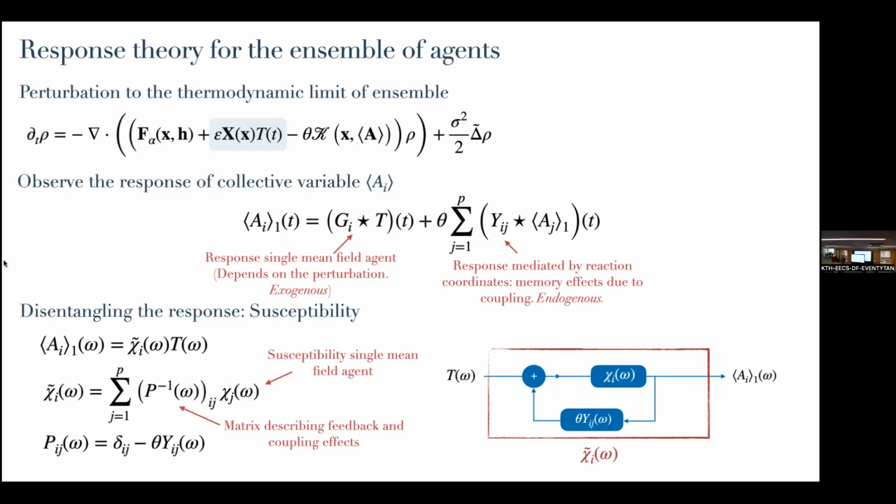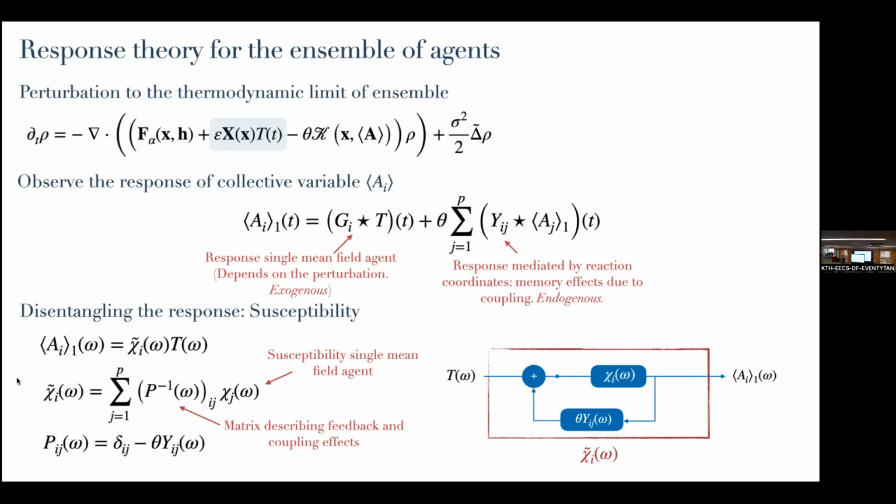It's easier to disentangle these two terms if you look in frequency space. And so, as before, you take a Fourier transform, and you can say that the response of the collective variable at frequency omega is just the input at frequency omega modulated by a susceptibility.